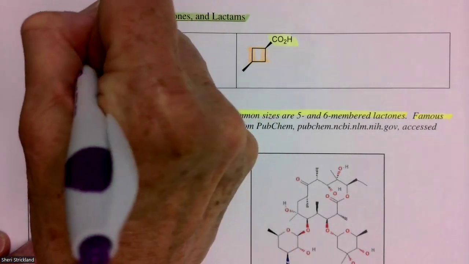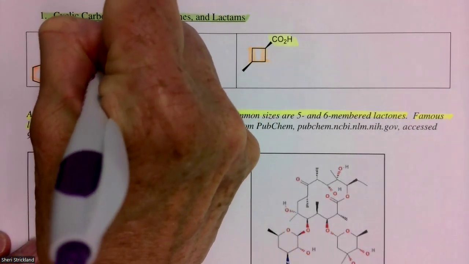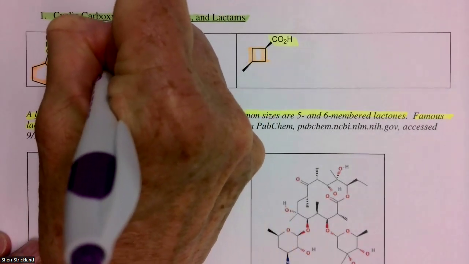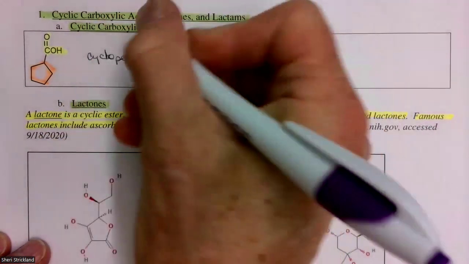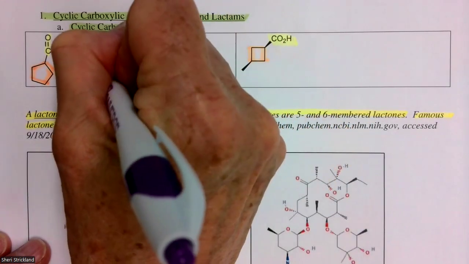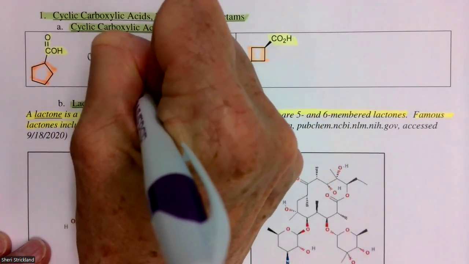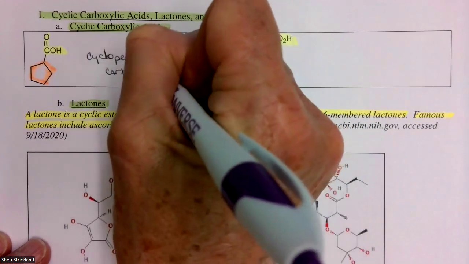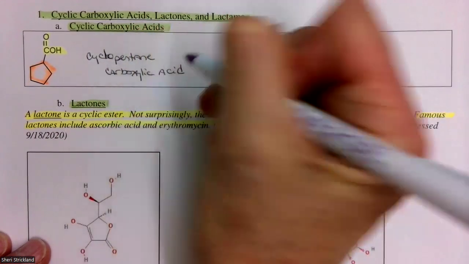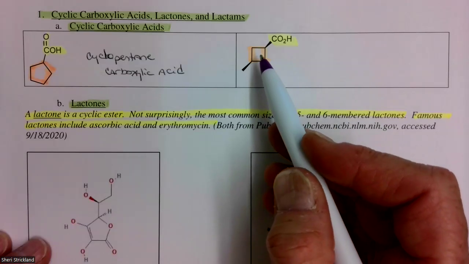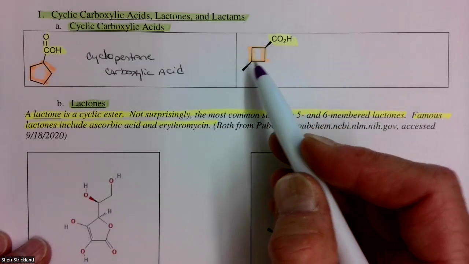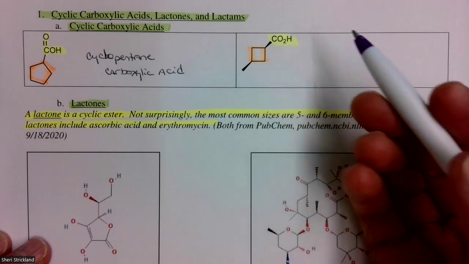So this guy is called cyclopentane carboxylic acid. Okay. Now over here, we'd have cyclobutane carboxylic acid.